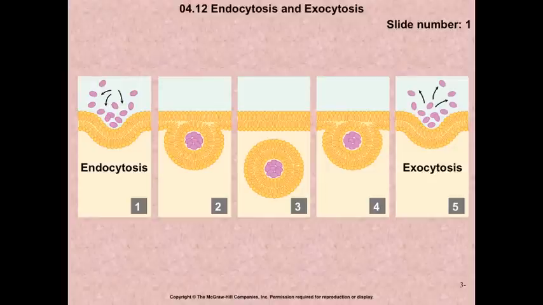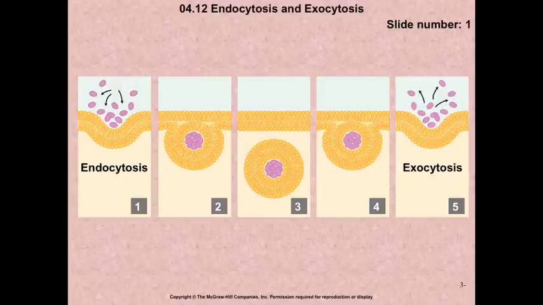Here's another sequence of cartoon images showing the same idea, where you can see more clearly how the forming pit gathers the molecule in, encloses it, the membrane seals over, and then the vesicle is brought inside.